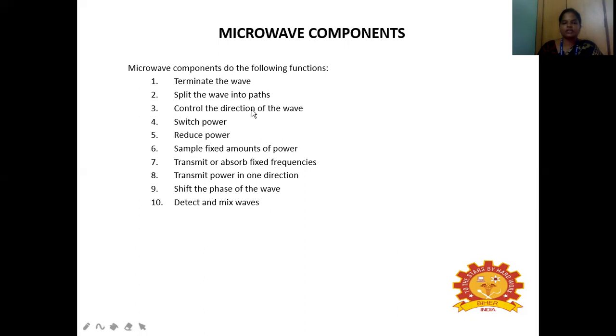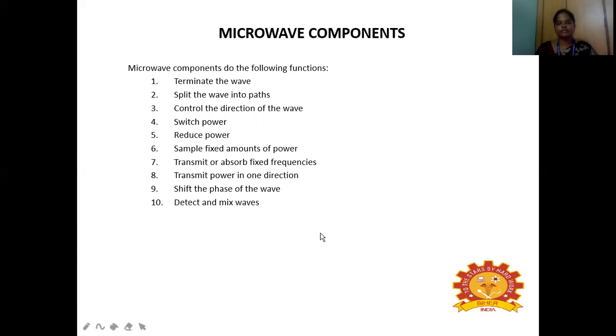Then we can control the direction of the wave, or we can switch the power. We can reduce the power, then sample a fixed amount of power. Then we can transmit or absorb fixed frequencies. Then transmit power in one direction, shift the phase of the wave, and we can detect and mix the waves. So whatever component we are using for microwave will perform all these functions.